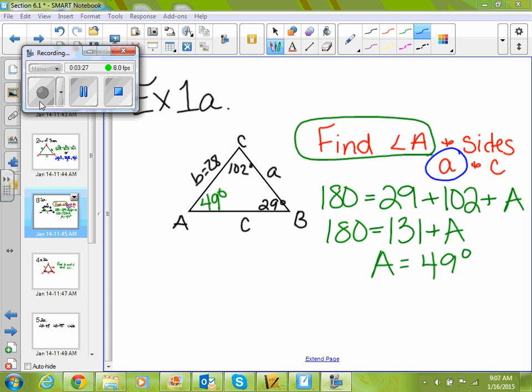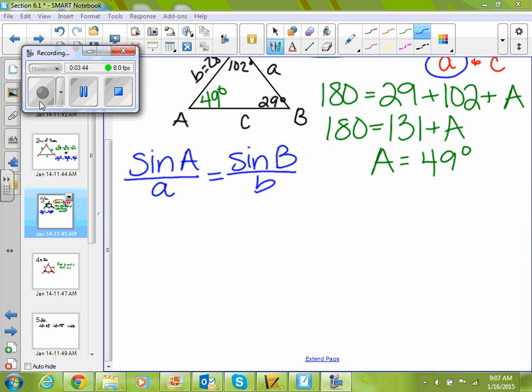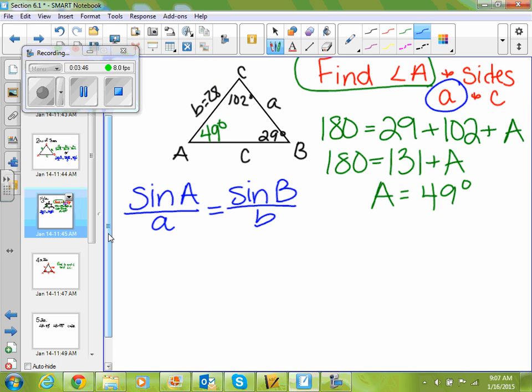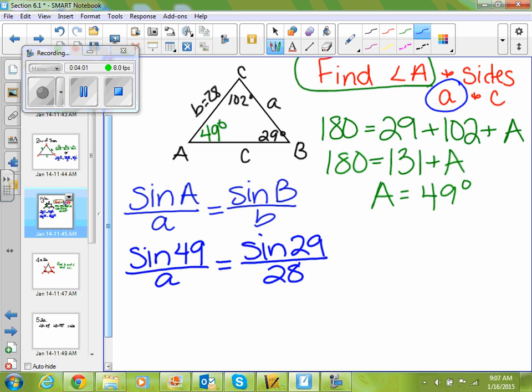If I start with side A, I know that sine of angle A over side A equals sine of angle B over side B. Okay, so angle A is 49, so sine of 49 degrees over some unknown side equals the sine of 29 degrees over 28.